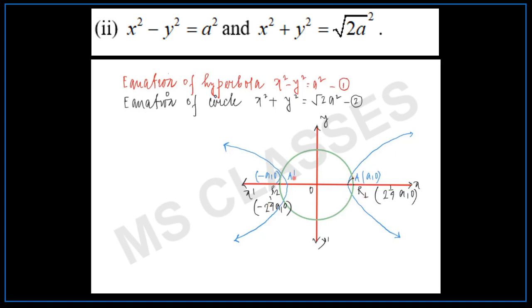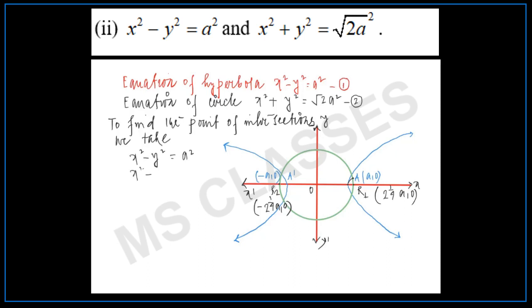So at first we find the point of intersection because to find the angle between these two curves, we need this point of intersection. So to find the point of intersections, we take x square minus y square equal to a square and x square plus y square equal to 2a square.